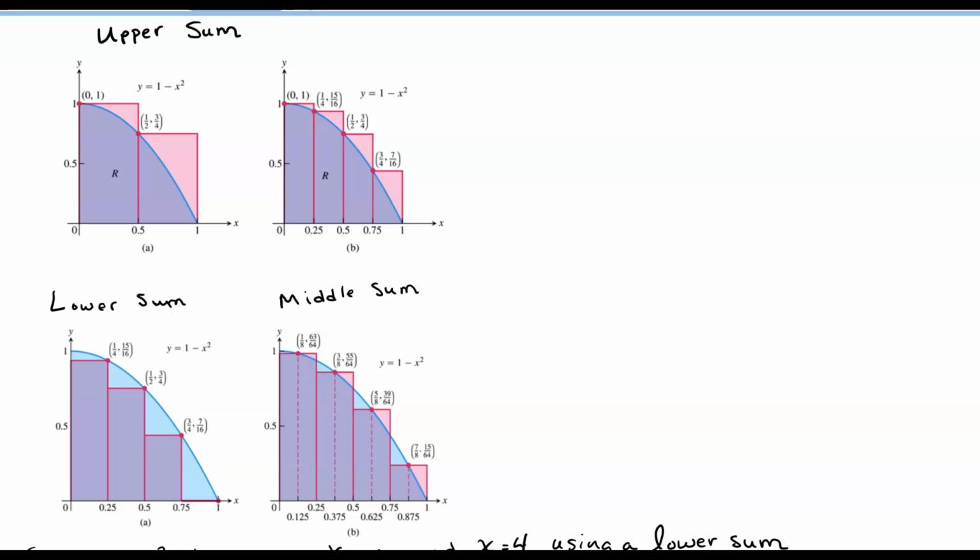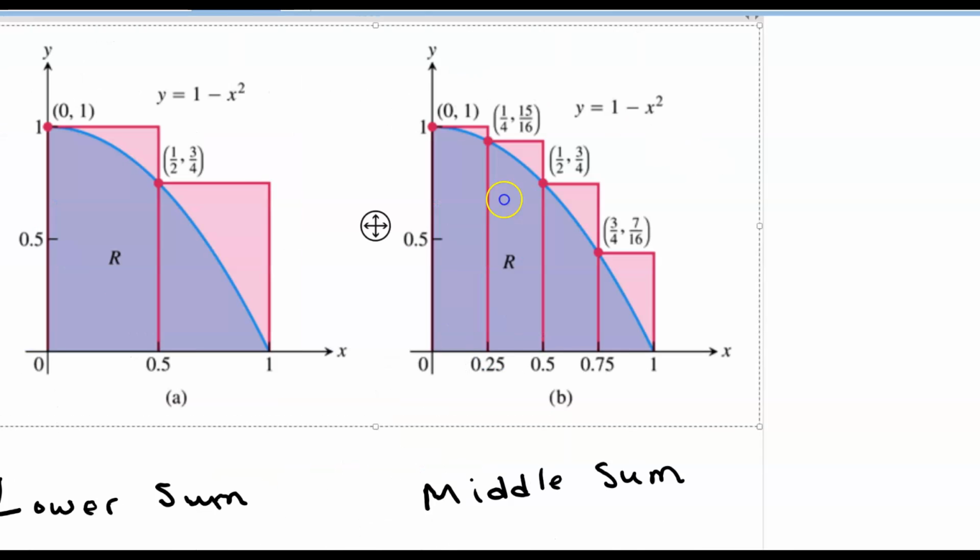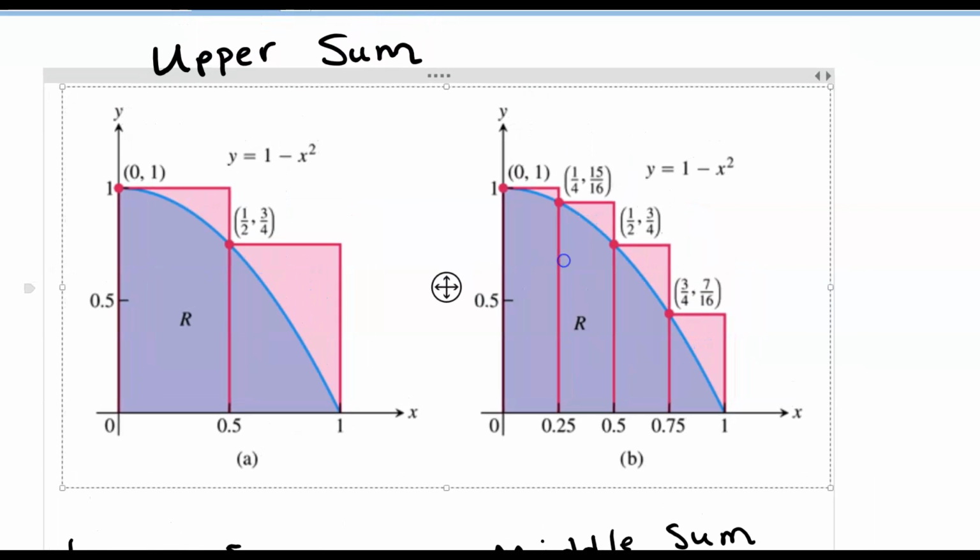So if you are asked to look at a particular function over an interval, in this case, looking at these two graphs, we've got 1 minus x squared, and let me zoom in just a little bit. We're looking at letter A from 0 to 1.